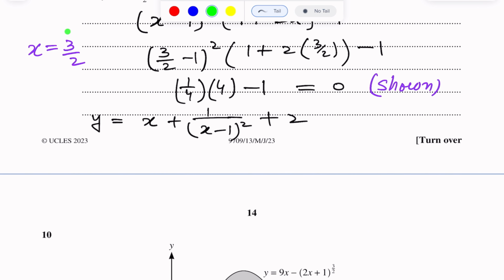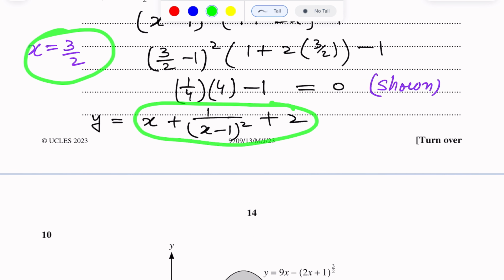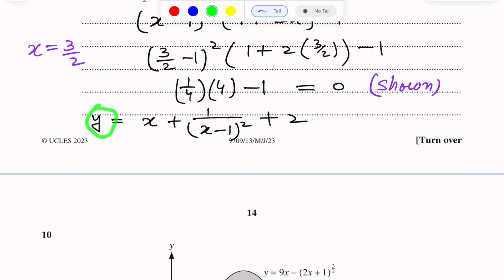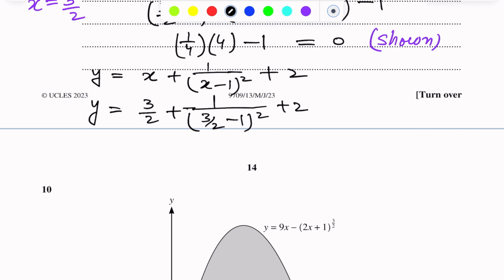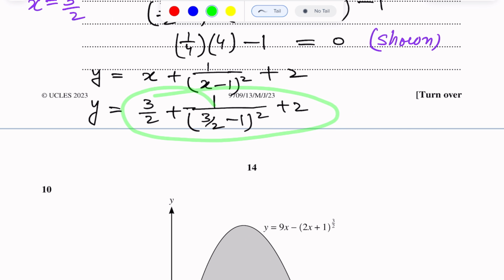Putting x as 3 over 2 here, y is equal to 3 over 2 plus 1 over (3 over 2 minus 1) square plus 2. After simplifying it, we get the value of y.